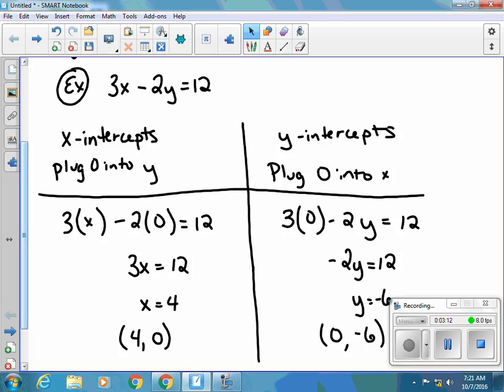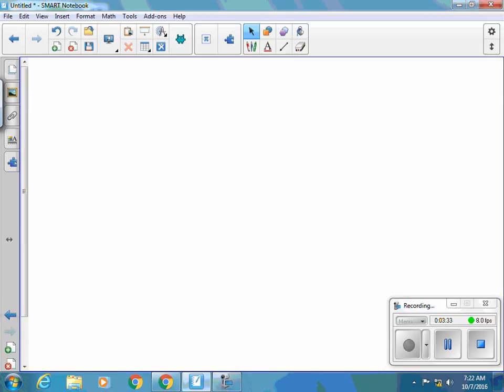Again, you're still going to be working with horizontal lines as well as vertical lines, and determining how to graph those based on that as well. However, you might be asking yourself, how do I know if it's a horizontal line or a vertical line if I'm in standard form?